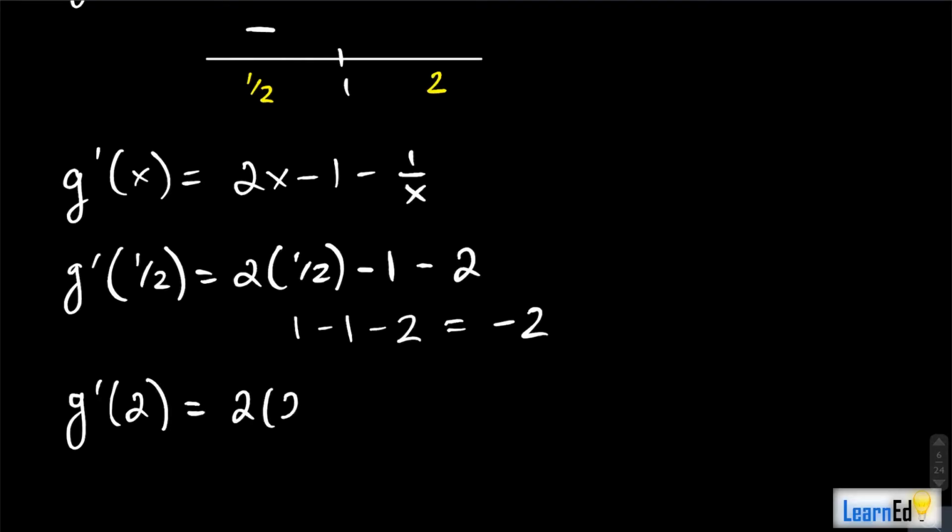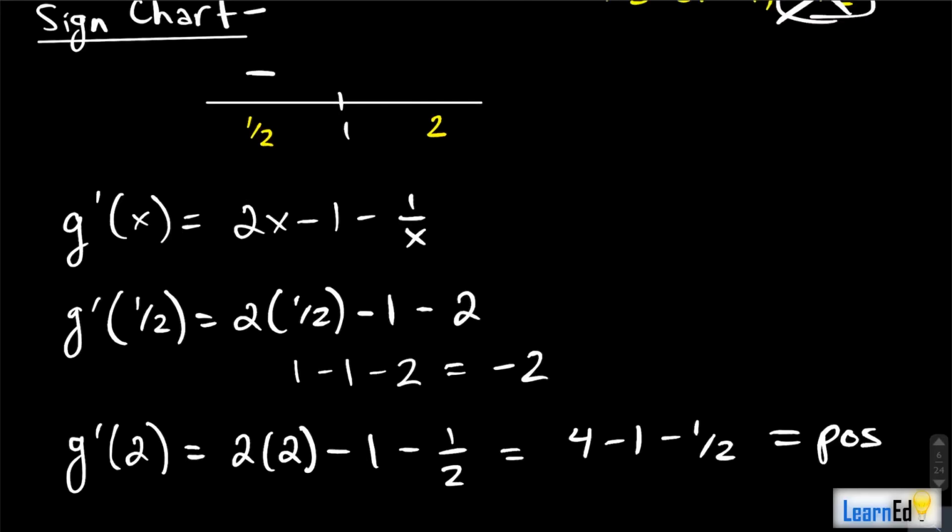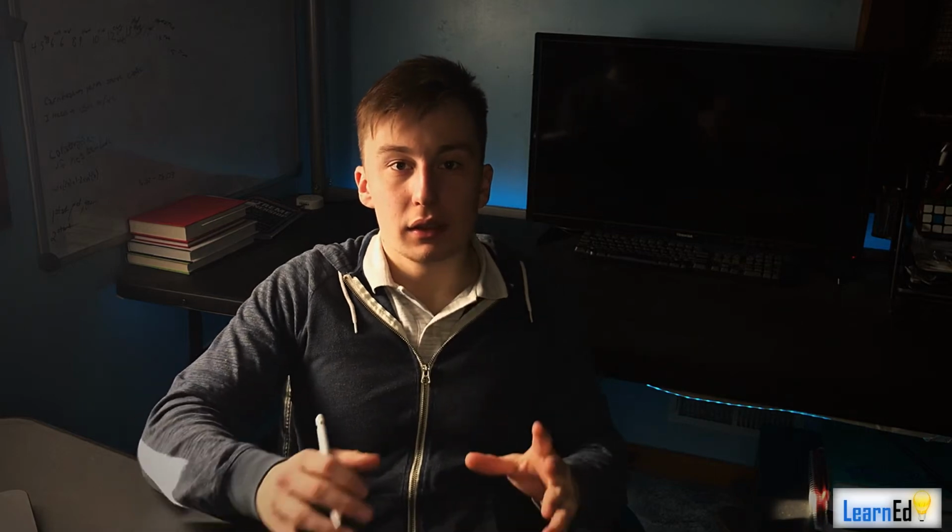We get 2 times 2 minus 1 over 2, so 4 minus 1 minus 1/2, and you can see that that's going to be positive. So we're going from a negative slope to a positive slope here. We're dealing with a min, and that'll be something good to note for the next part of this problem.